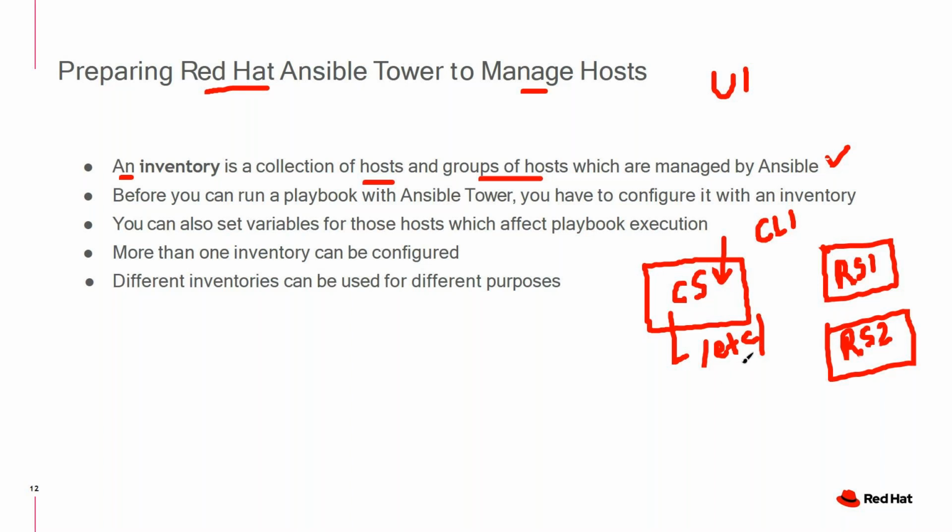Once you install Ansible, you will find Ansible in this directory, and here you will find the host inventory file. We already discussed this host inventory file. Same here, an inventory is a collection of hosts like remote server 1, remote server 2, and groups of hosts which are managed by Ansible.